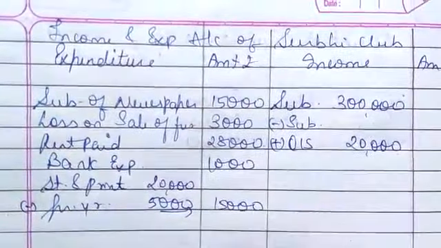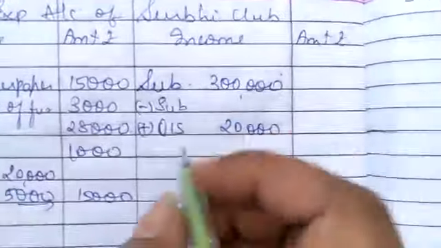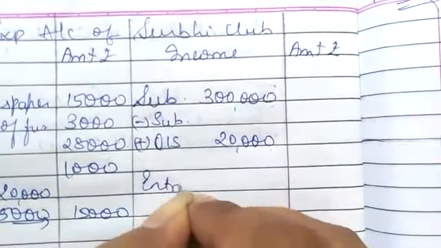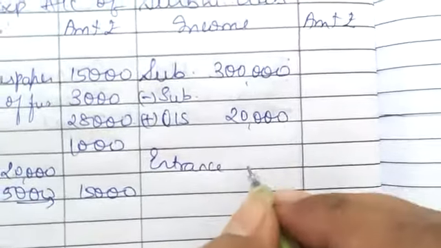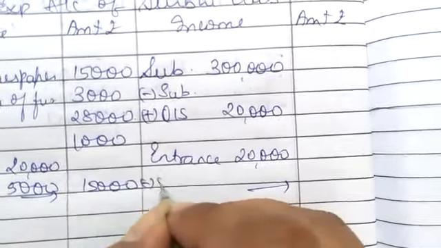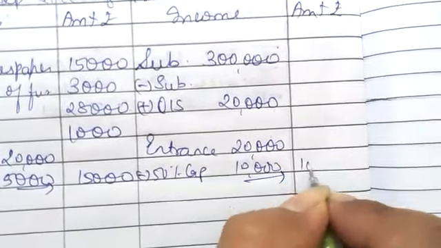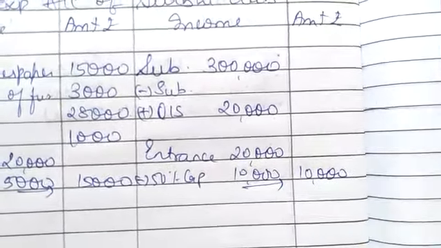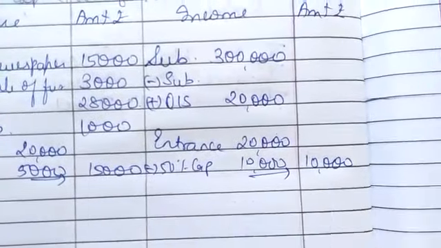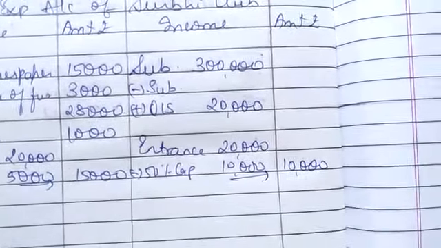Then next, entrance fees, 50% is capitalized. So entrance fees over here, amount for the entrance fees is 20,000, and from that 50% is capitalized. That means 10,000 is capitalized, and the outer column remaining over here is 10,000. Now this 50% which is capitalized, that will be recorded in receipt and payment.